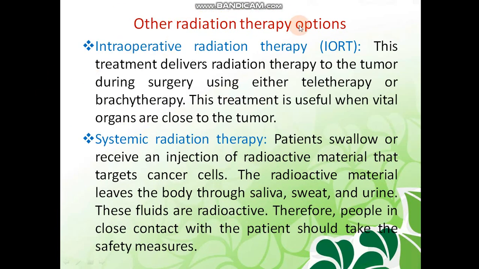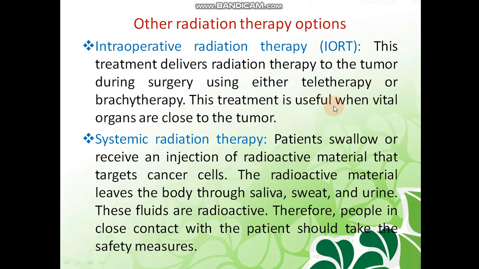Another type of radiation therapy is IORT, intraoperative radiation therapy. From the name itself, during the procedure, not before or after, during the surgery, we are directly exposing the cancer area to the radiation. This can be done with the help of brachytherapy, that means internal radiation therapy, or with external radiation therapy, teletherapy.